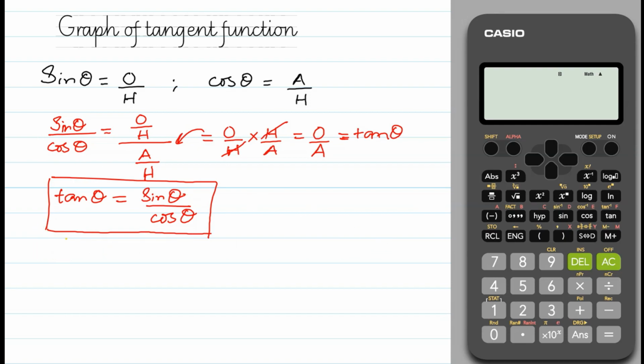I need to explain one important thing. If you try to find tan of 90 degrees, your calculator gives you a math error. Why does this happen?